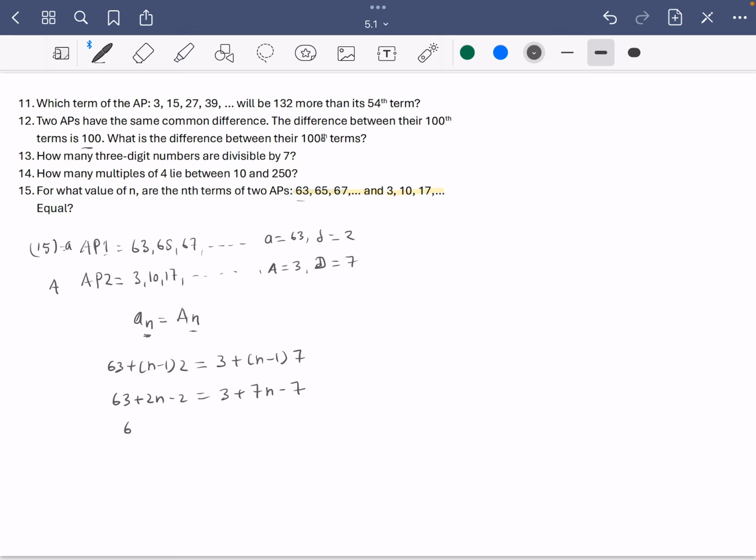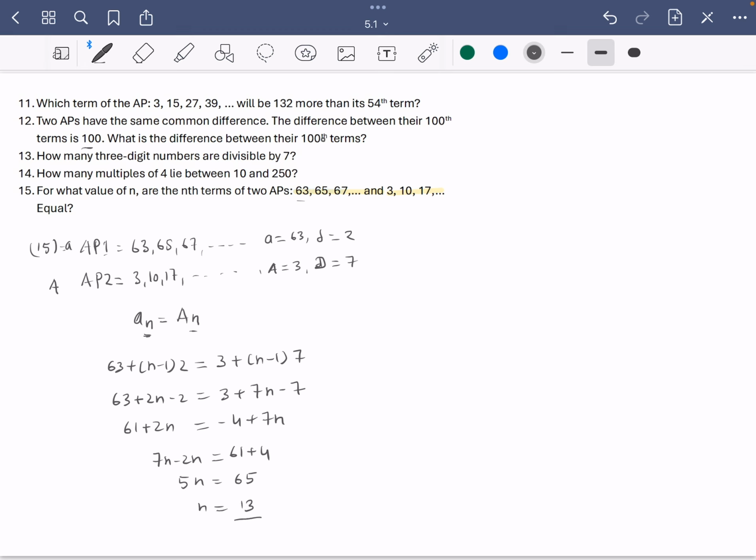So it's 61 plus 2n is going to be minus 4 plus 7n. So we will rearrange this to put n on one side and the constant value on the other. So 7n minus 2n is going to be 61 plus 4. 5n is going to be 65. n is going to be 13.